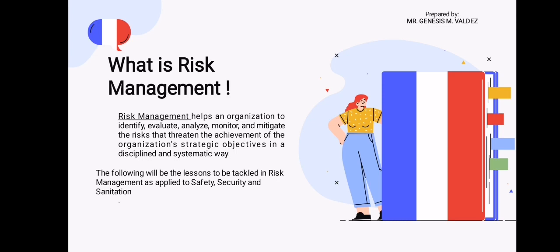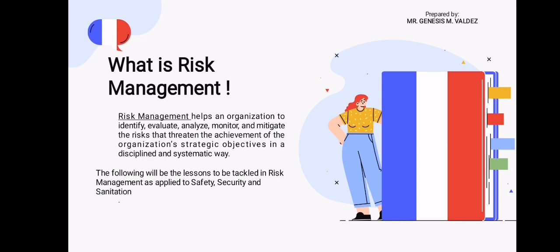We also know that to summarize the risk management meaning or definition, ang risk management is widely acknowledged as an essential component of good management and governance. Kumbaga, pag meron tayong strong operational structure, ibig sabihin po nun, it comprises steps that when completed in succession allow for continuous improvement in decision making.